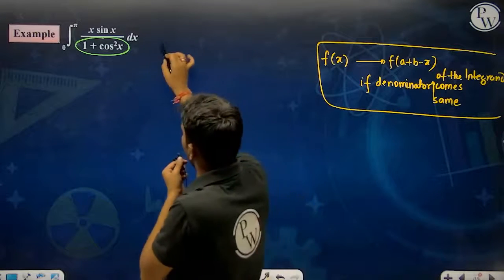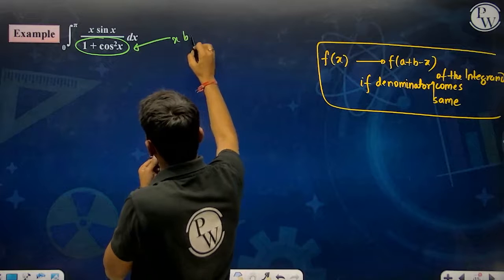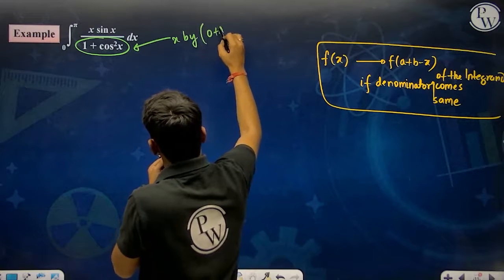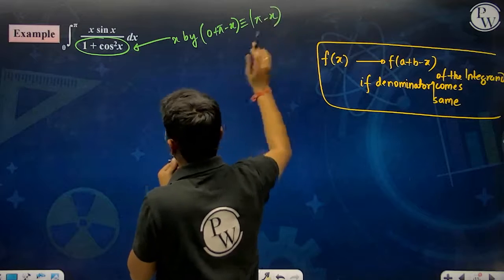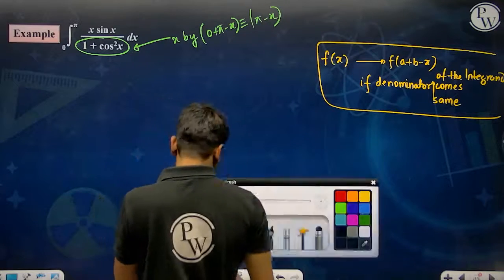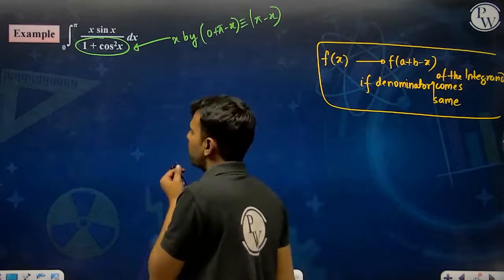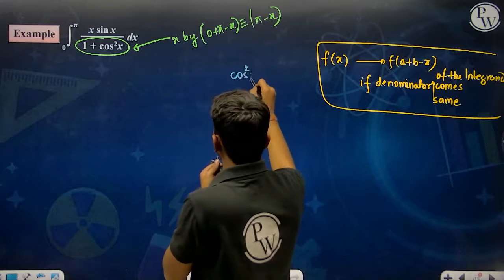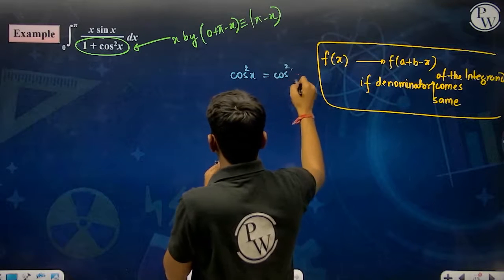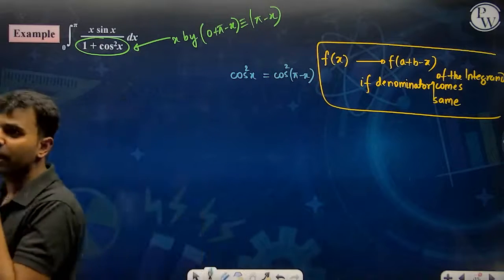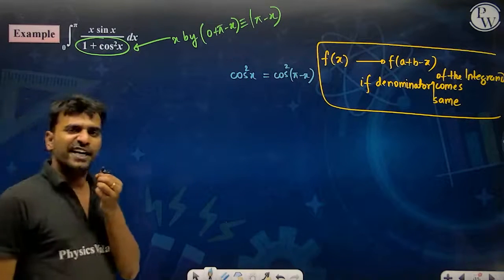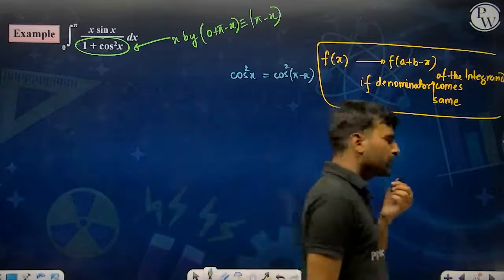So if we replace x by lower limit plus upper limit minus x, that is, if we replace x by pi minus x, is the thing going to be the same? Yes, because cos square x is the same as cos square of pi minus x. Yes or no? Feel it, because cos of pi minus theta is minus cos theta. If you do the square of minus cos x, it is going to be cos square x only. So these two things are equal.